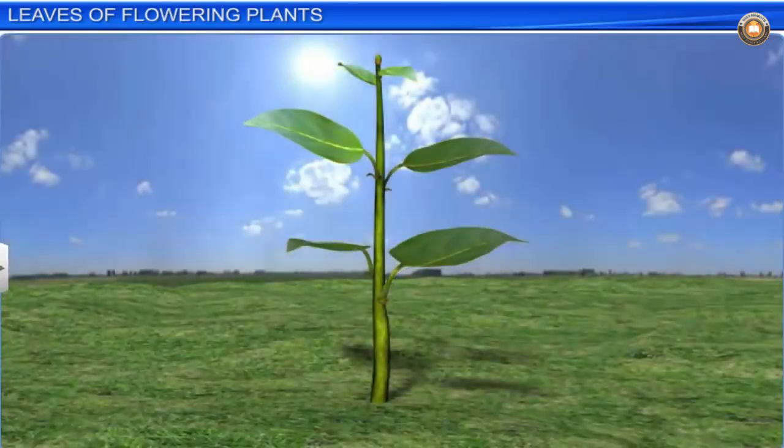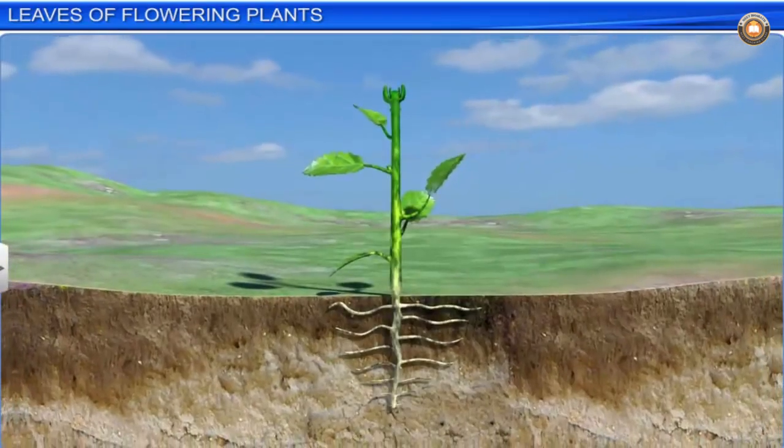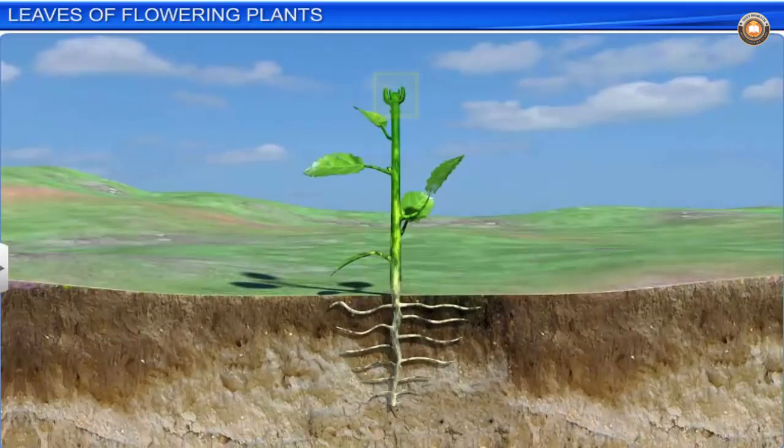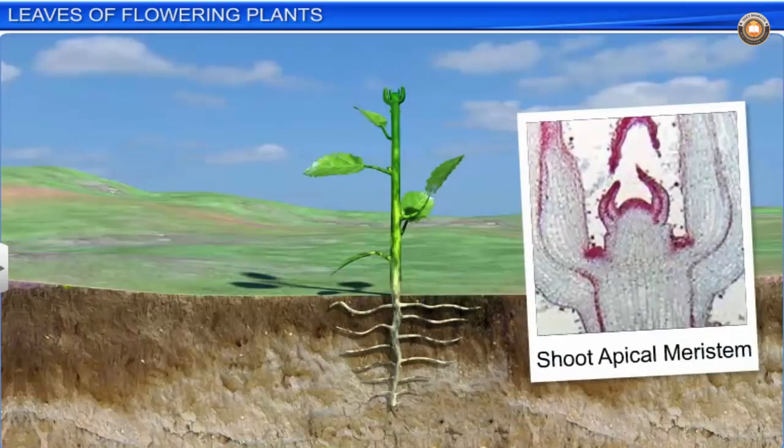In other words, they develop in succession from the base to the apex of a stem or a branch. Leaves originate from shoot apical meristems and bear buds in their axil. These axillary buds later grow into branches. The meristem found at the tip of a shoot is known as shoot apical meristem.